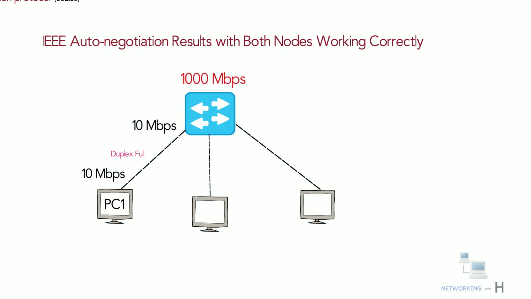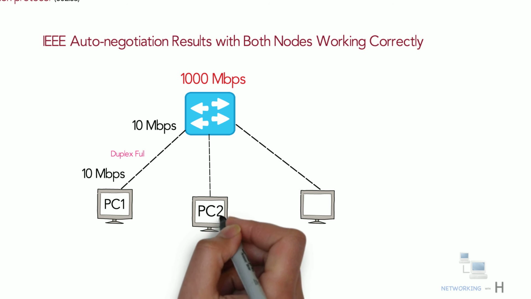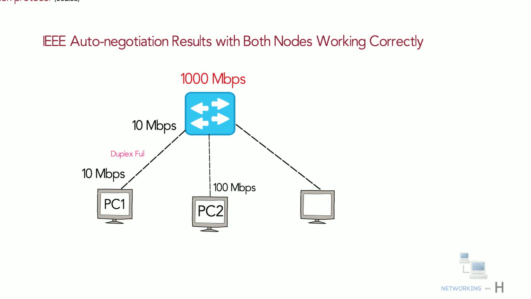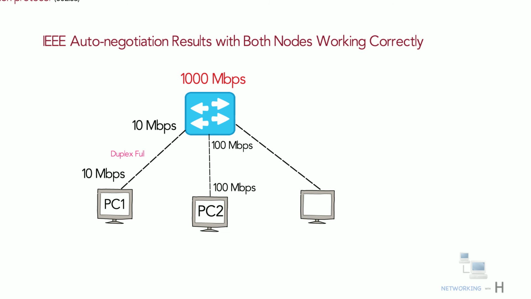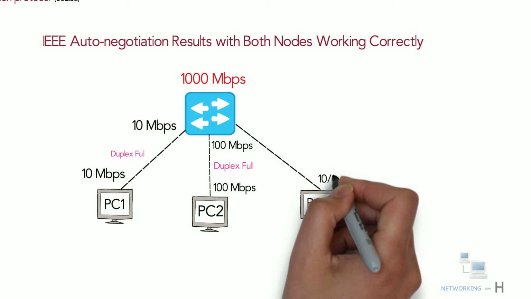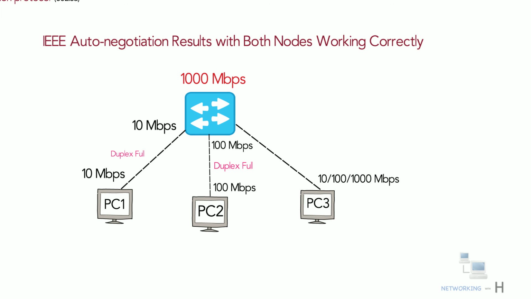PC2 claims a best speed of 100 Mbps, which means it can use 10 base T or 100 base T. The switch port and the NIC negotiate to use the best speed of 100 Mbps and full duplex. PC3 uses a 10/100/1000 NIC, supporting all three speeds and standards. So both the NIC and switch port choose 1000 Mbps and full duplex.